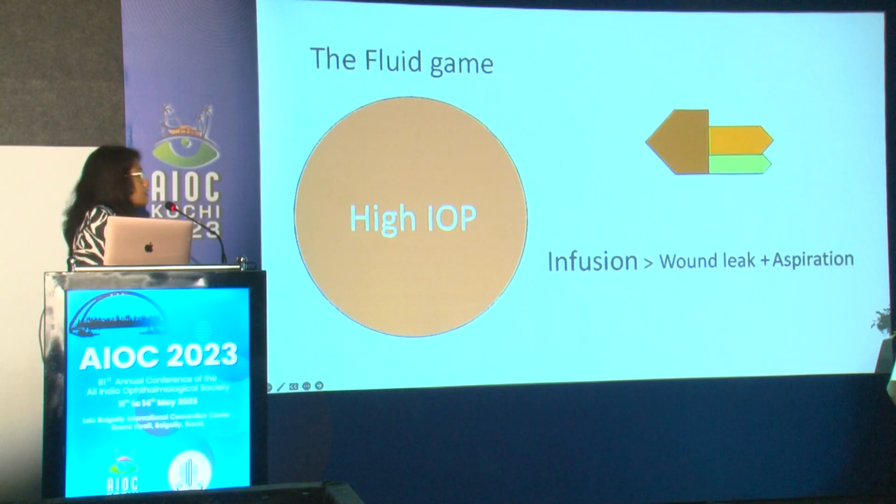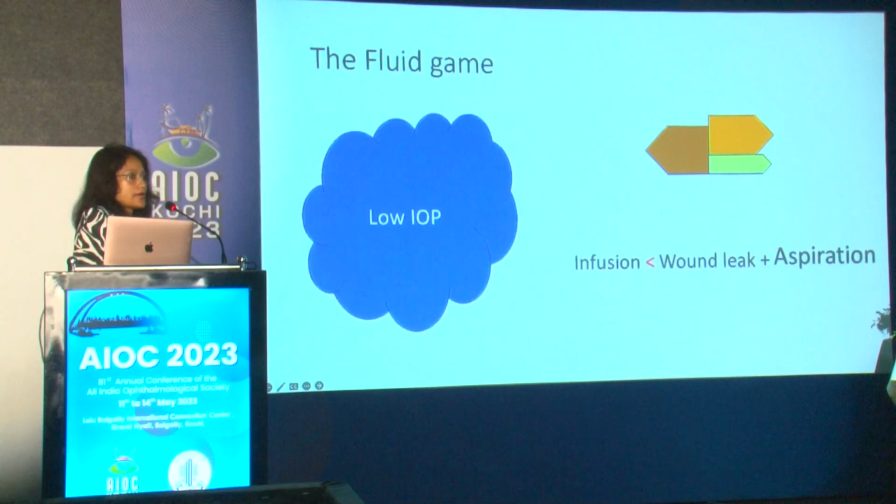So let's see what happens if the infusion goes high. The intraocular pressure will be raised. At that time, the anterior chamber will remain full with a high IOP, but clinically it won't be evident. Only when there is excessive overpressurization, we may see zonular stress, aqueous misdirection into the vitreous, and very rarely wound leakage.